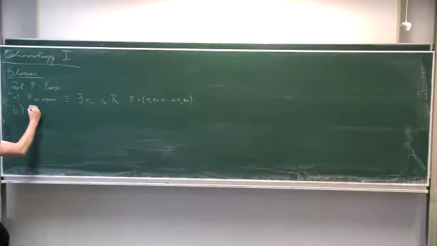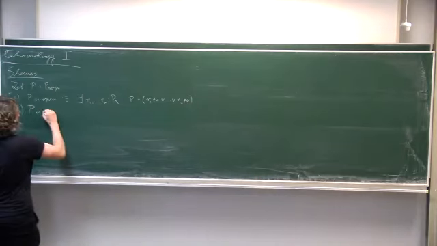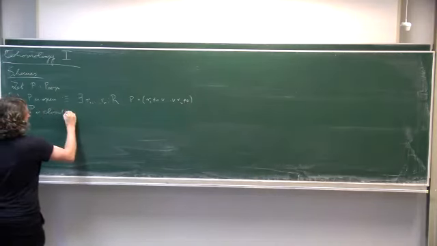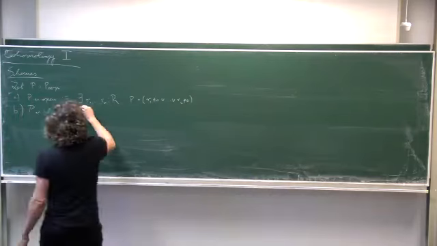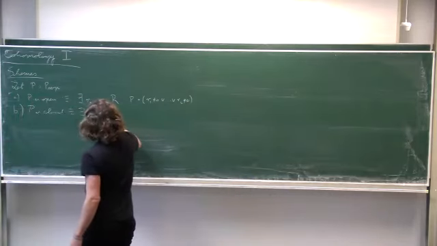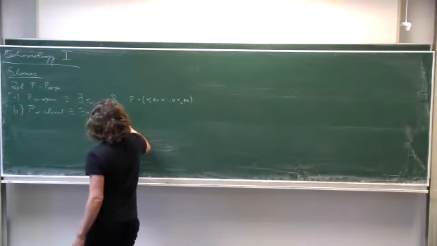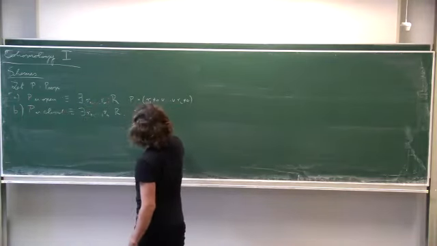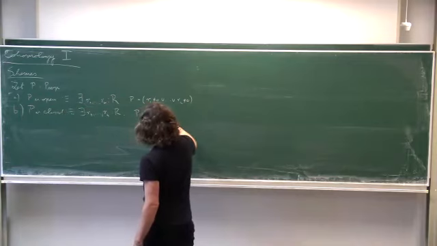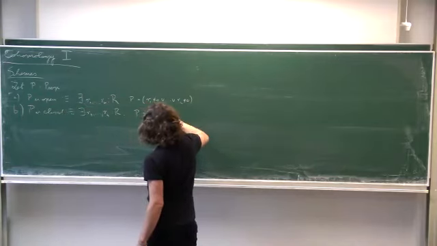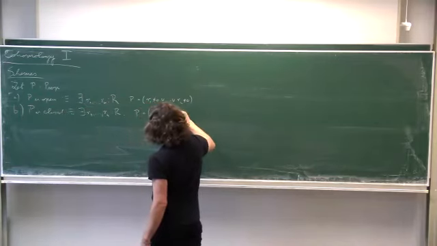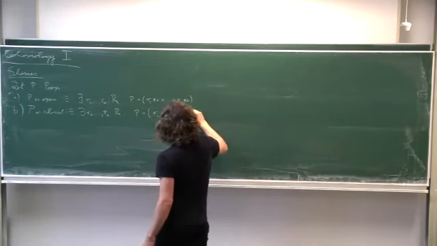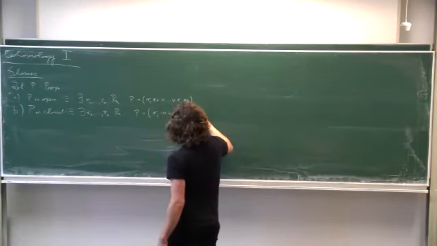And P closed is analogous. So we have some elements in the base ring such that P is equivalent to all of them being zero.